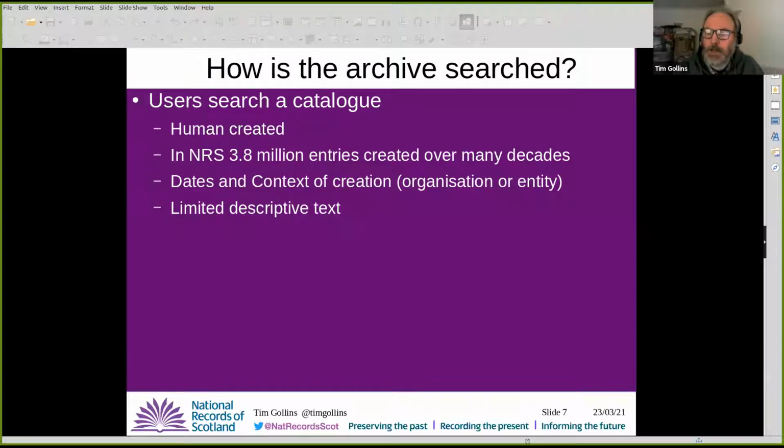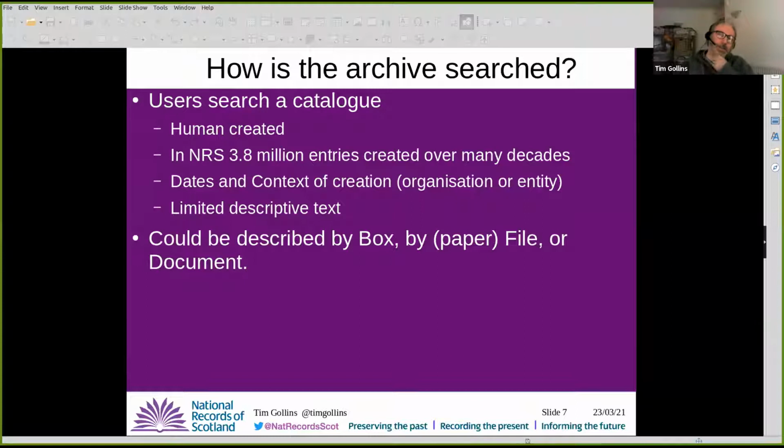What does that look like in the catalogue? Well, it might just consist of a name, the date of the case, and the charge that the person was charged with. And yet, of course, historians would be fascinated by such documents for their core content.